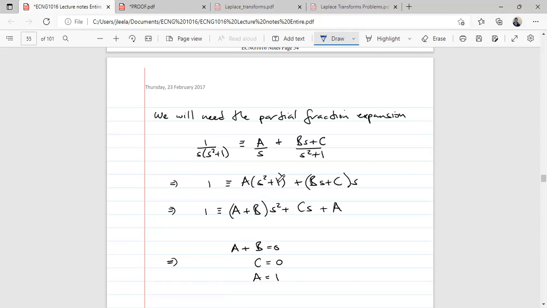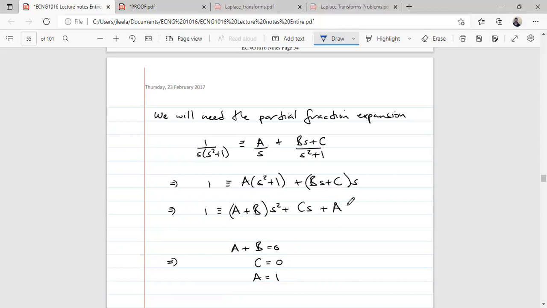When you expand this out, the coefficient of s squared is a plus b on the right. If you notice on the left, you don't have any s squared, which means the coefficient of that has to be 0. So a plus b is 0. The coefficient of s on the right is c. You don't have any s on the left. So that means c is 0.